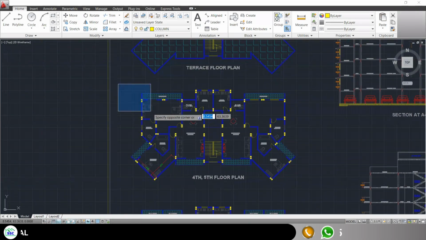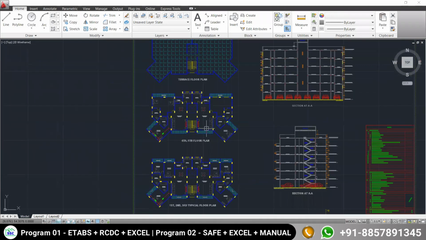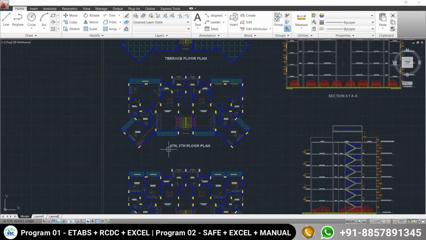I can take this column. One more thing we can do. Can you guess what?